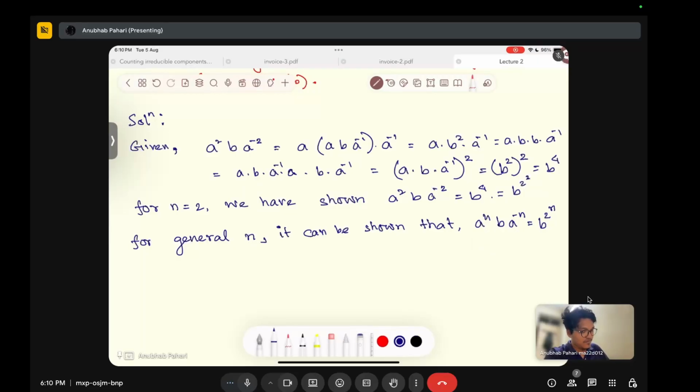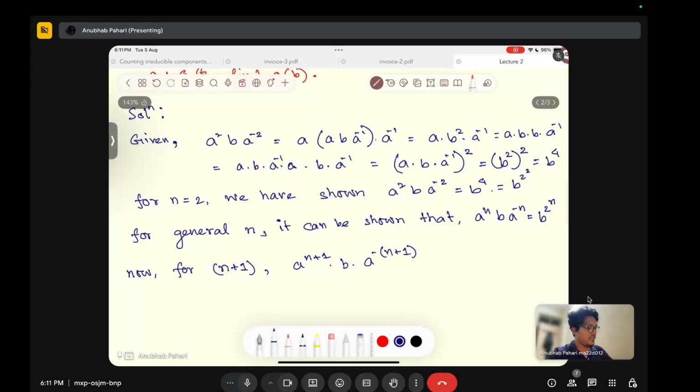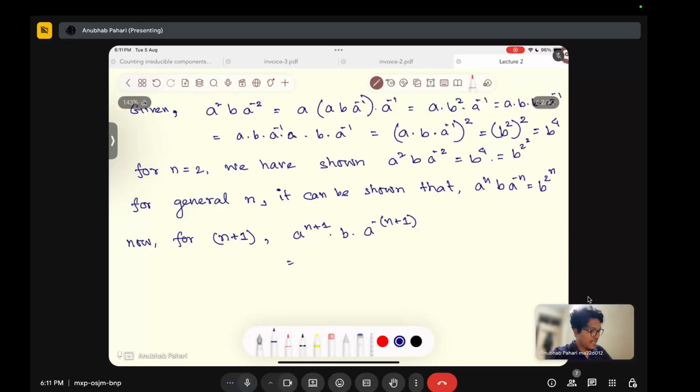Now for n plus 1, say a to the power n plus 1 dot b dot a to the power minus of n plus 1, this should be equal to a into a to the power n, b into a to the power minus n into a inverse, right?